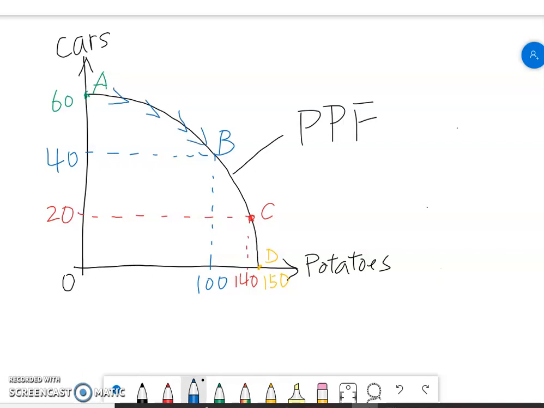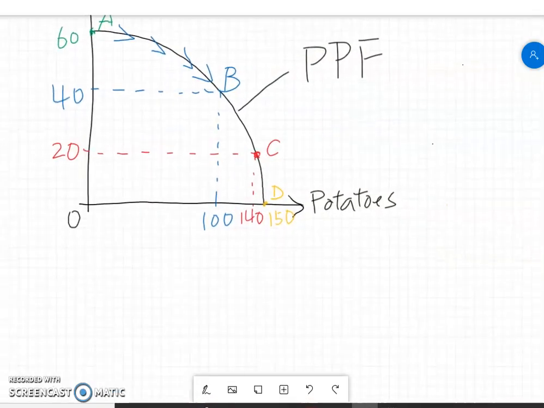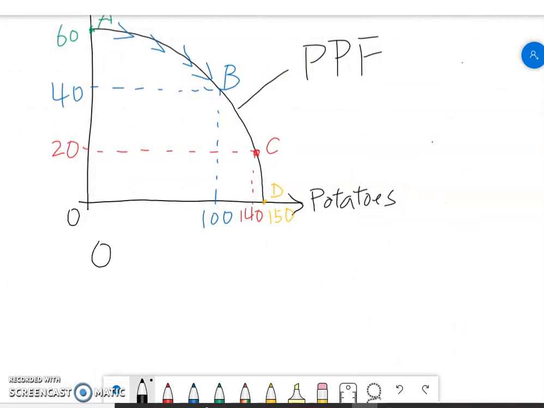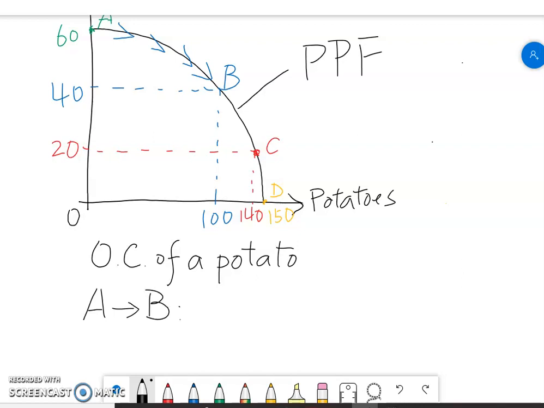Okay, now what we want to ask you is, what would be the opportunity cost? Okay, let me write it here. OC stands for opportunity cost of a potato when the economy moves from A to B. Okay?